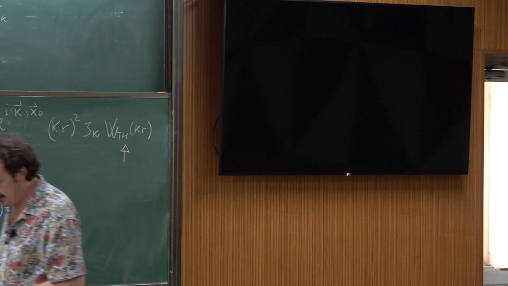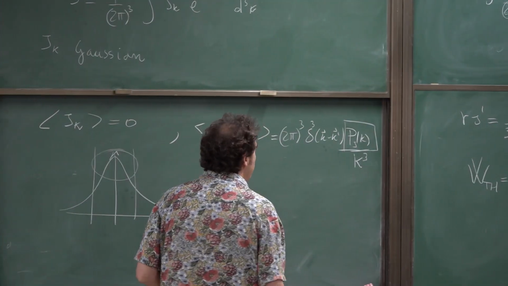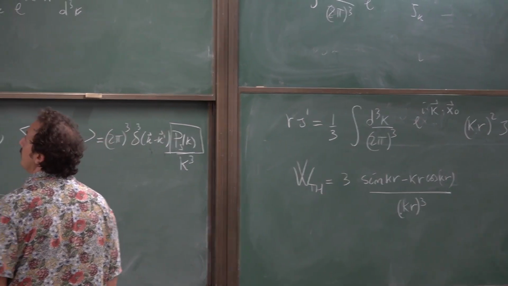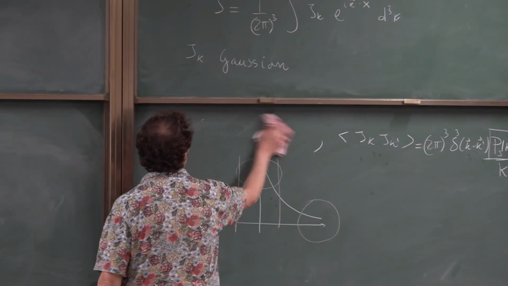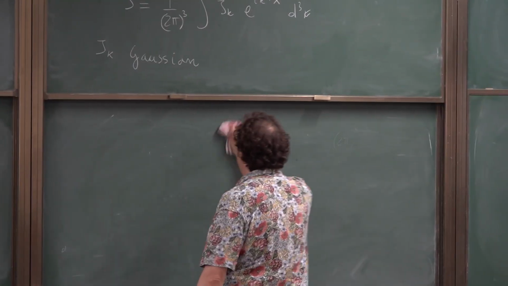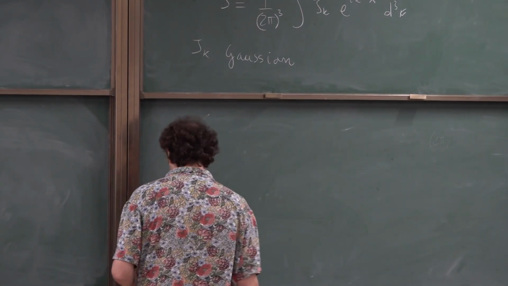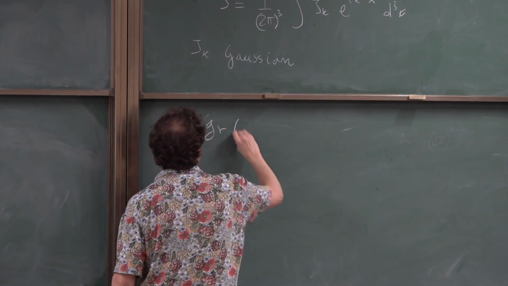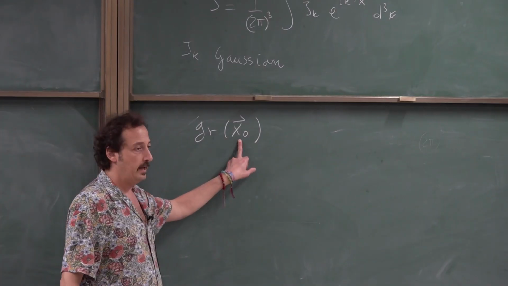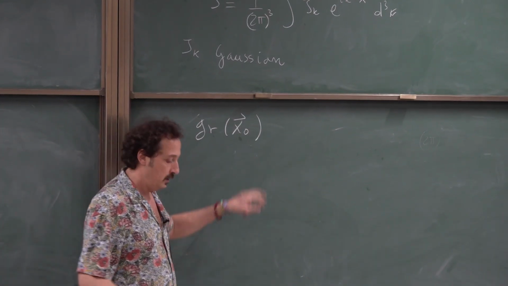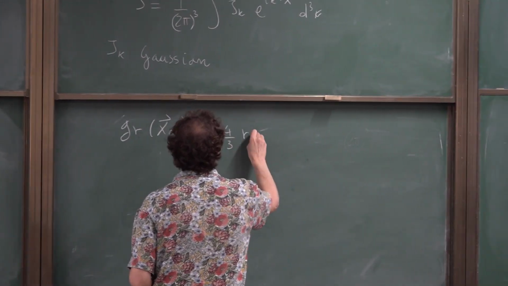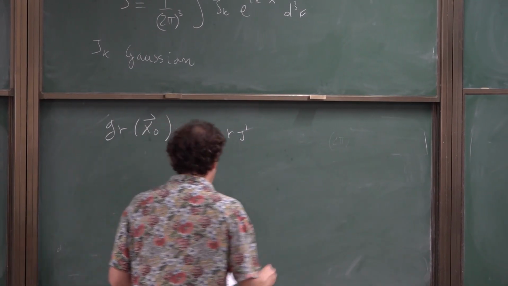Okay, so to simplify the way of writing the compaction function, let me erase here. I just define a new function g_r of x_0, which depends on the radius of the ball and the center of this ball, and which is nothing else than simply r zeta prime with a factor.